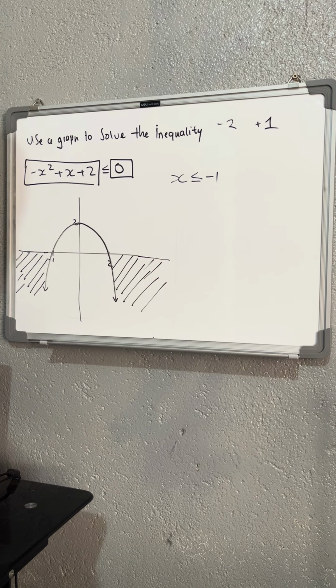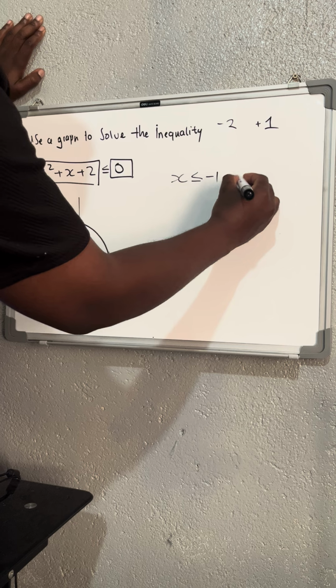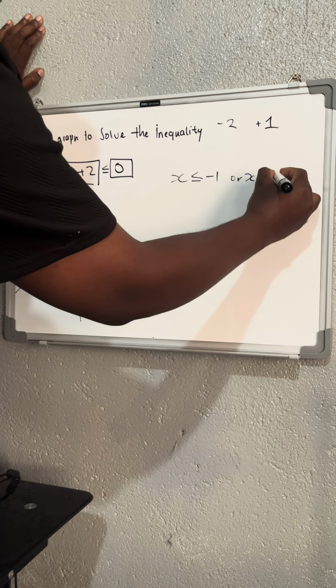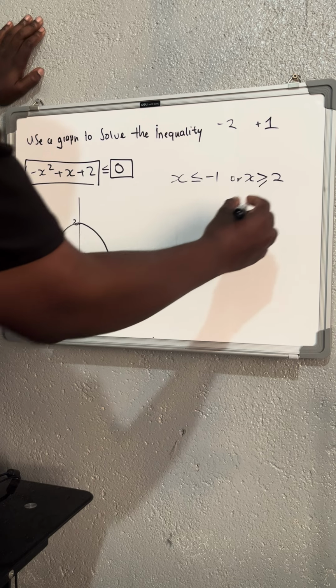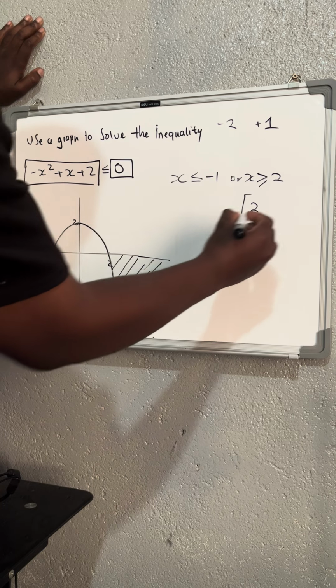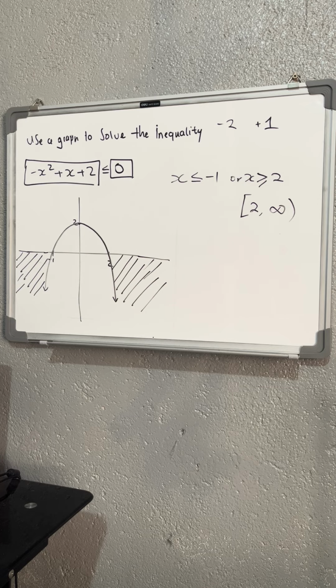So now you have to talk about the other part, or x is greater than or equals to 2. So this one, it will be everything from 2 including 2 up to positive infinity. So that's how you would write it in interval notation.